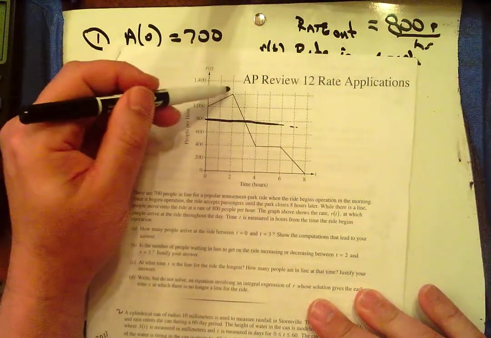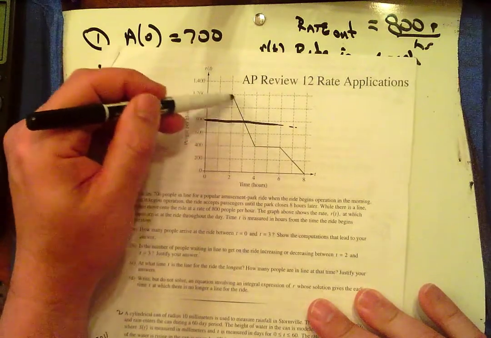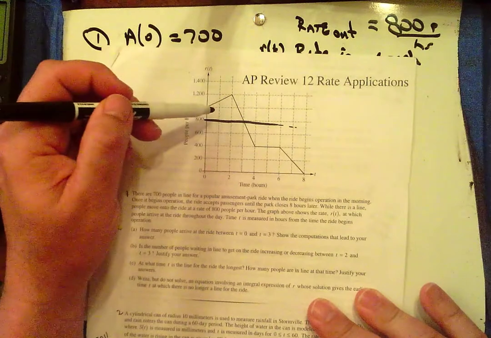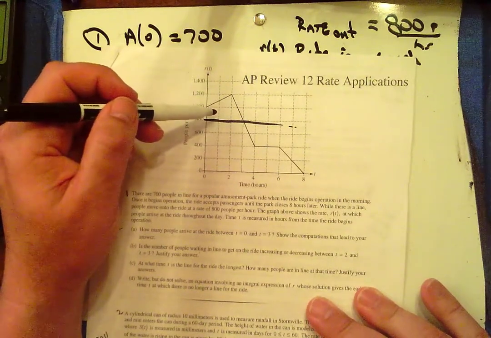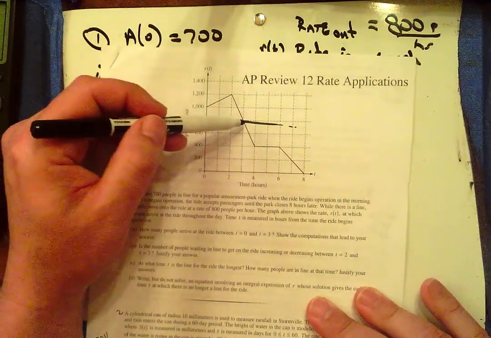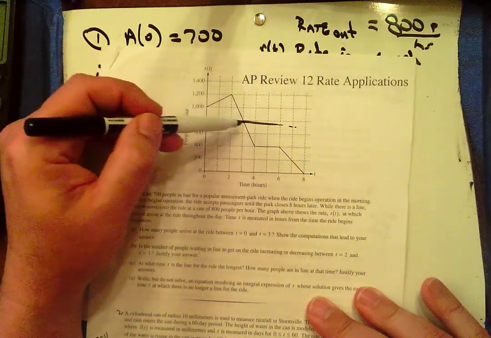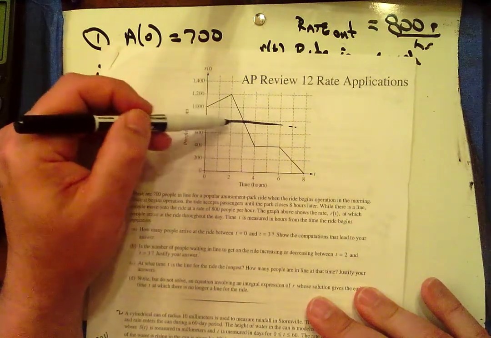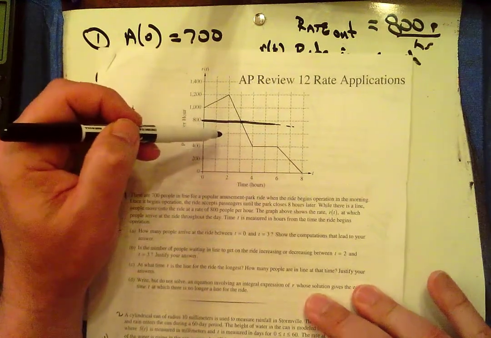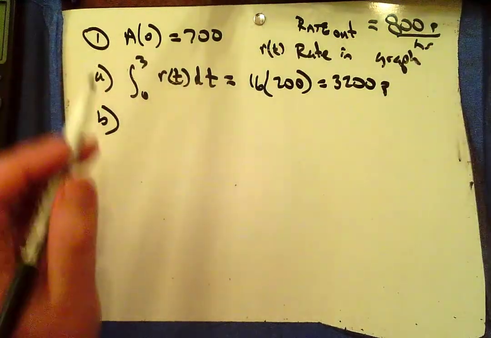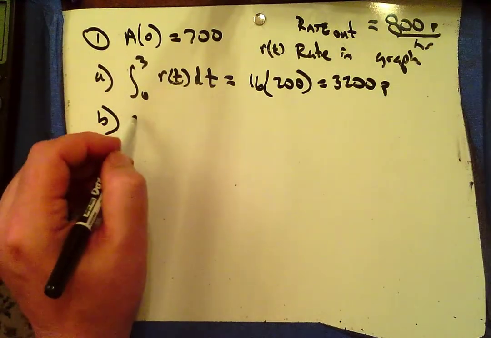And as long as the rate at which people arrive is greater than the rate at which people leave, the line is getting longer. We first saw this on the TCC worksheet, and that stops happening at 3 p.m. Between 2 and 3, the rate in is still greater than the rate out, and therefore the line is increasing between 2 and 3.